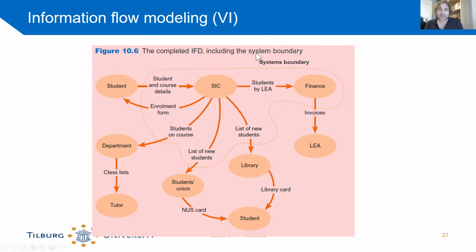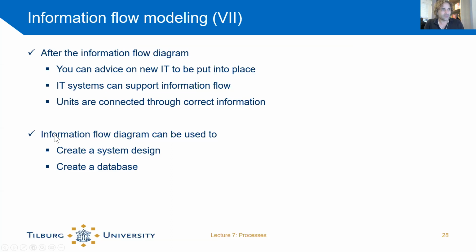And you store all that information, data more specifically, in a database. So you can use an information diagram like this to create a specific information system in order to create a database for all that information. And that is what we are going to do in lecture 10.